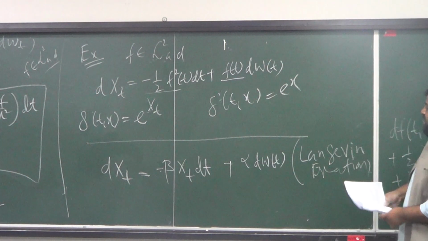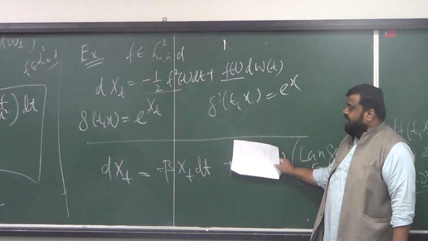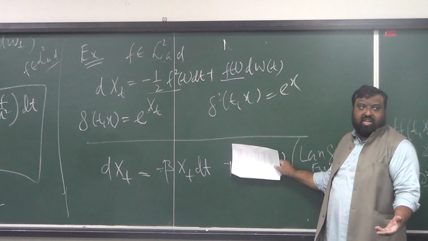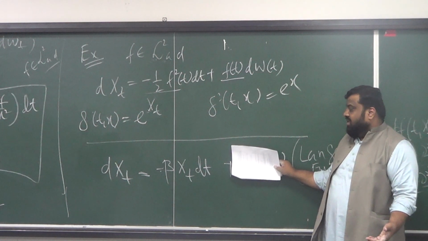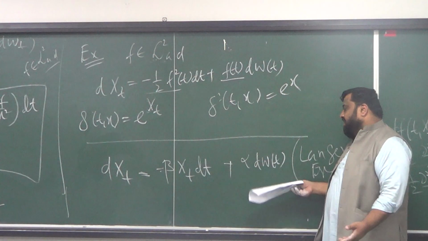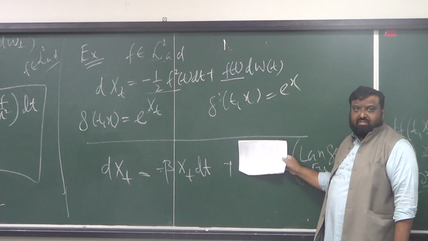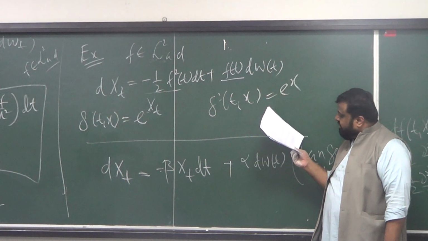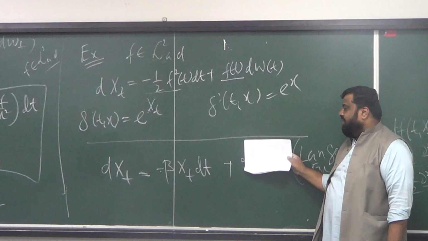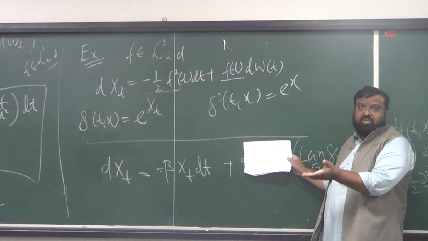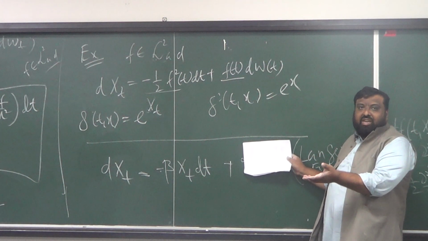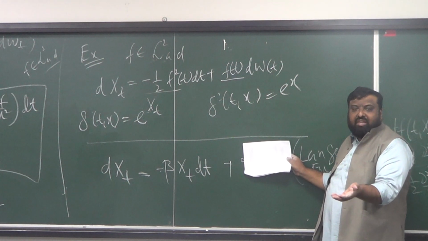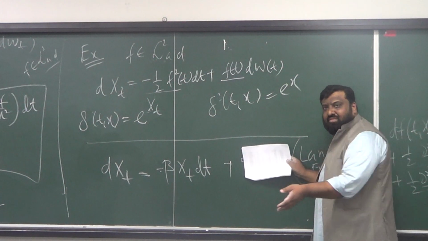If you just look at this equation, in the deterministic sense this looks very familiar, where beta and alpha are numbers obviously. Is beta positive? Yes, beta is also positive. So what would this represent? It's a deterministic equation simply saying that if X_t is the velocity of the bird or particle, the velocity is exponentially going down.